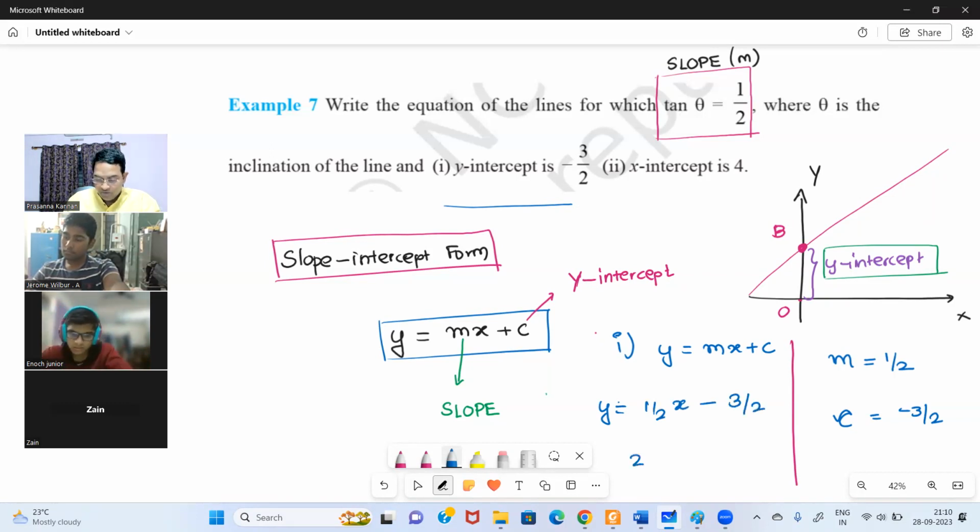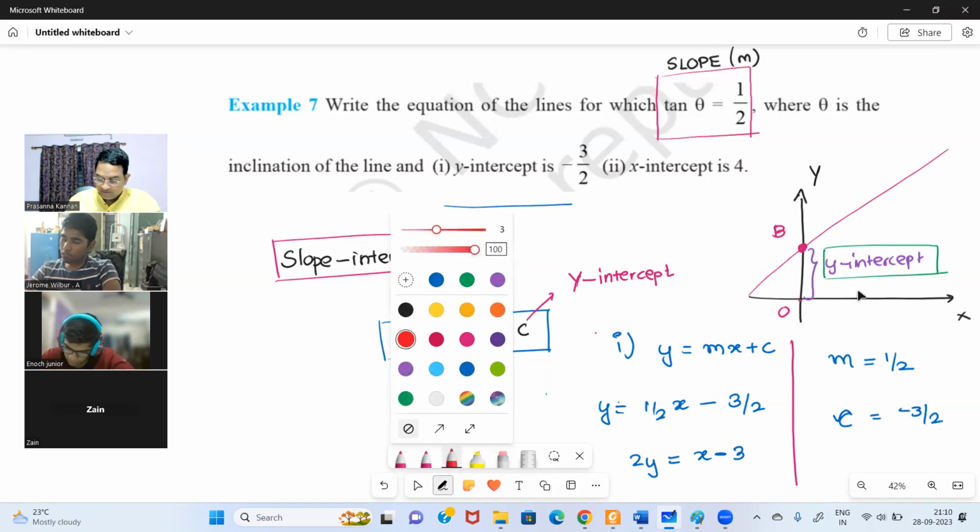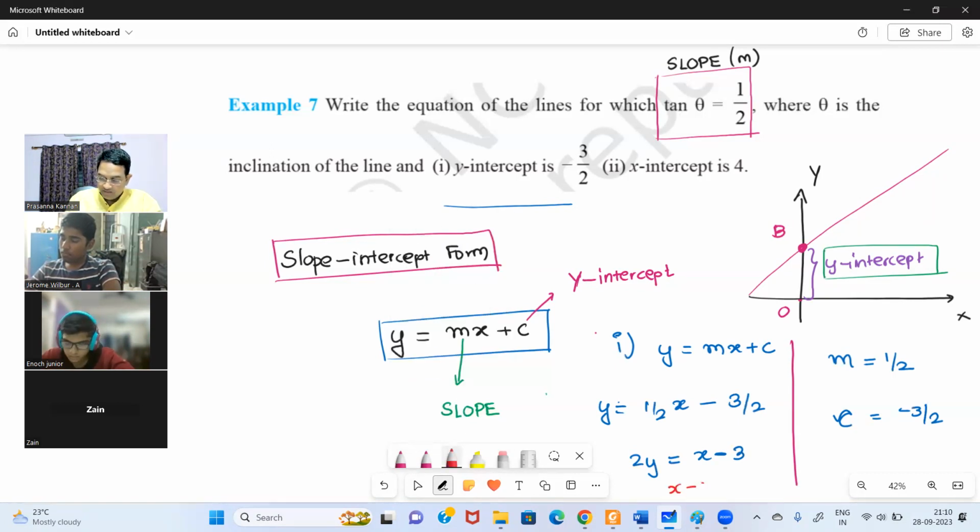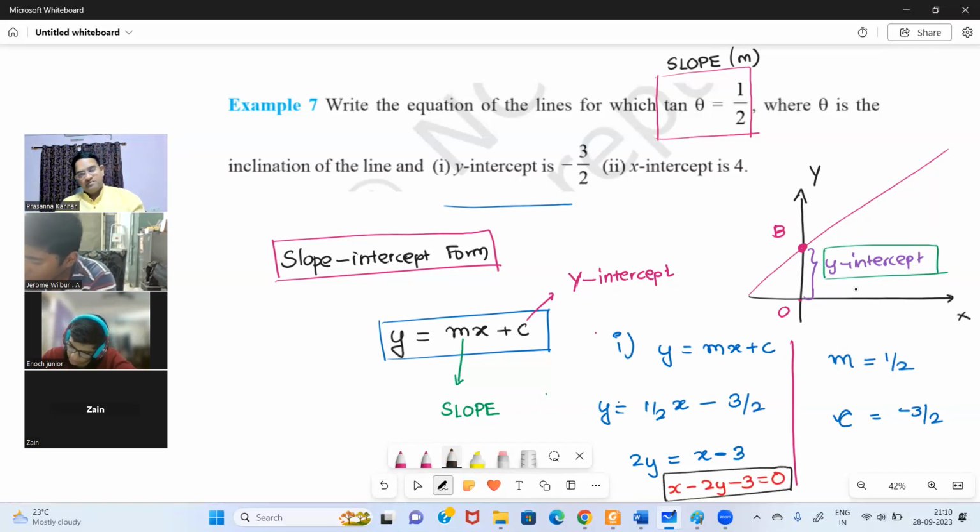Just cross multiply. 2y is equal to, just take LCM. LCM is 2. 2y is equal to x minus 3. Bring everything on one side. So you'll get the equation of the line as x minus 2y minus 3 equal to 0. Is it clear?